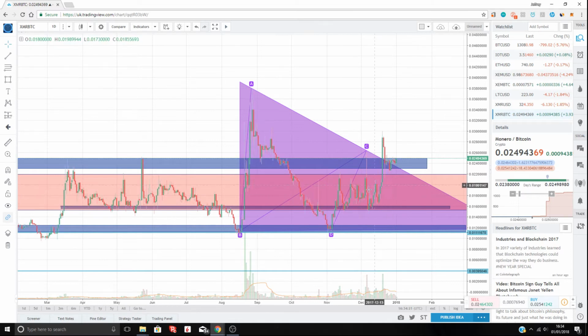And so you can always expect maybe a price to stall a bit when it enters this sort of red zone area here.